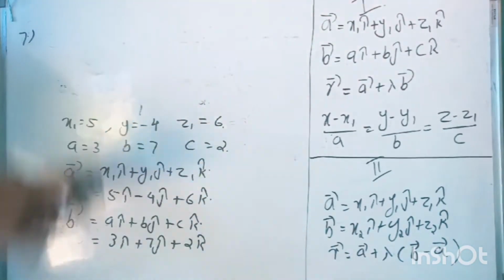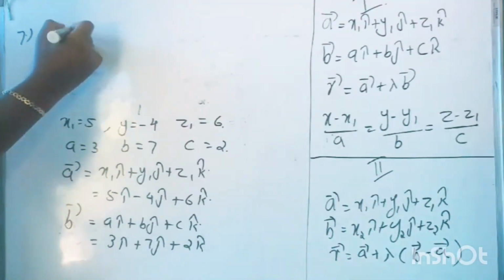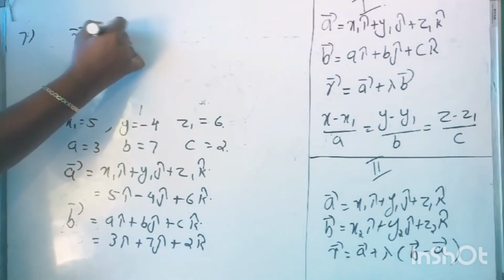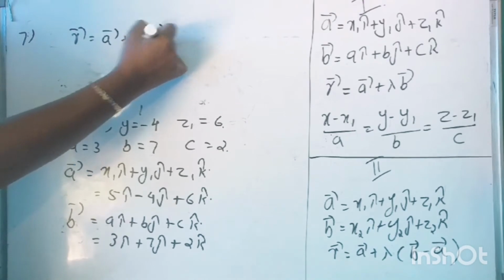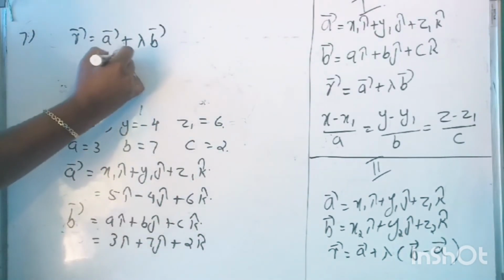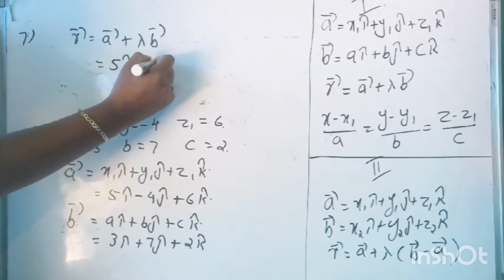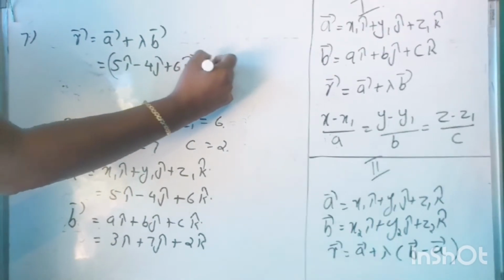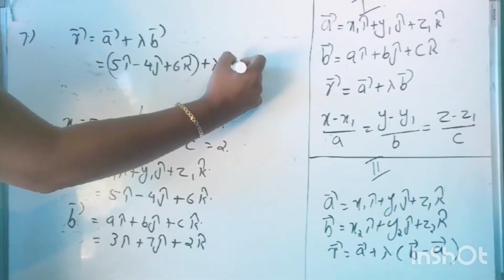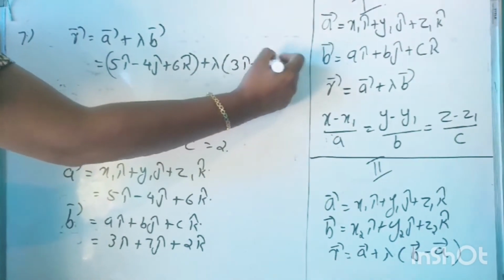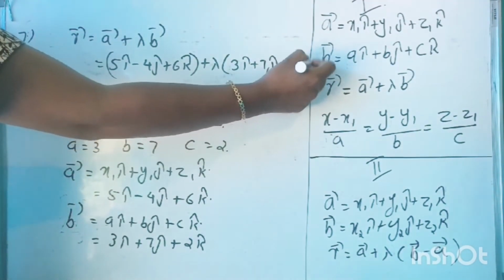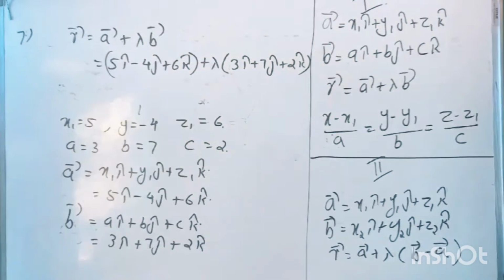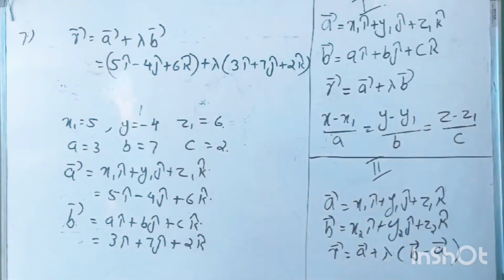This is our vector form. That is equal to 5i minus 4j plus 6k plus lambda into (3i plus 7j plus 2k). Just substitute the values of A vector and B vector, and we will get the vector equation corresponding to the given Cartesian equation.